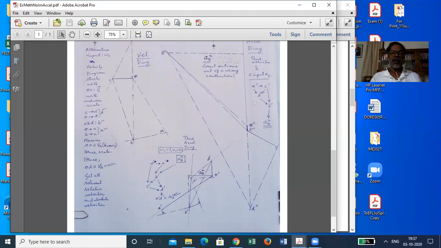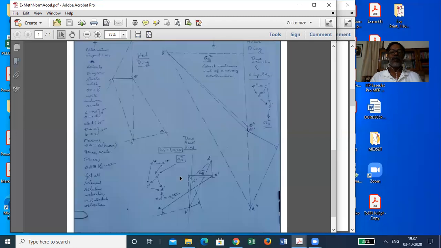So from the acceleration pole, draw that normal component up to the correct magnitude, which you now know, and then the tangential component you don't know. So dashed again. Wherever these two dashed lines meet, that is giving you the correct acceleration image of point B.